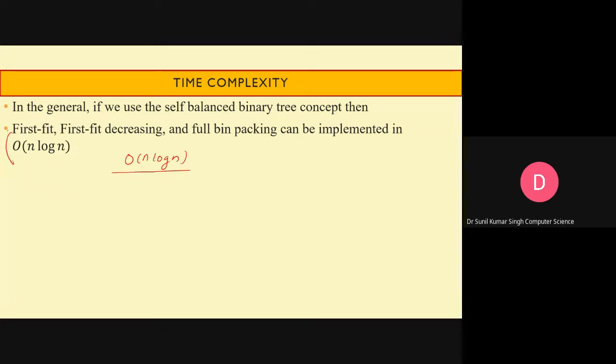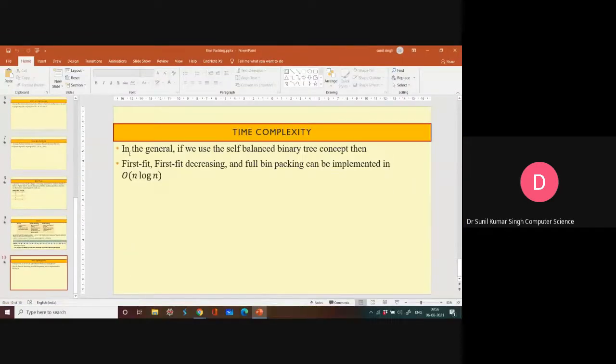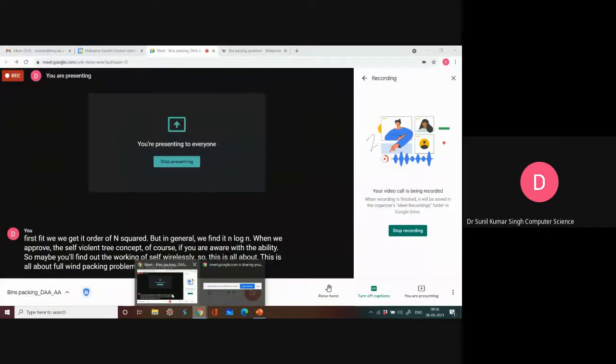Sometimes for first fit we get order of n square, but in general we find n log n when we approach it with the self-balanced tree concept. Of course, if you are aware of the AVL tree, maybe you'll find out the working of a self-balanced tree also. So this is all about the bin packing problem. If you have any doubt, you can ask.